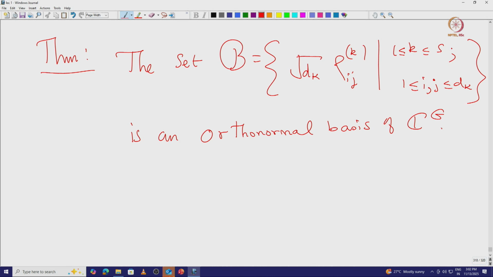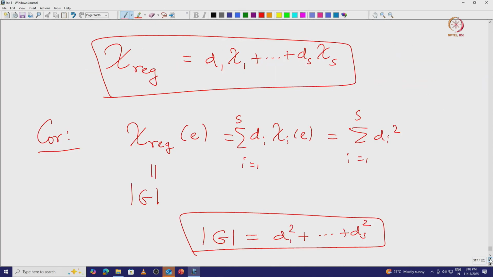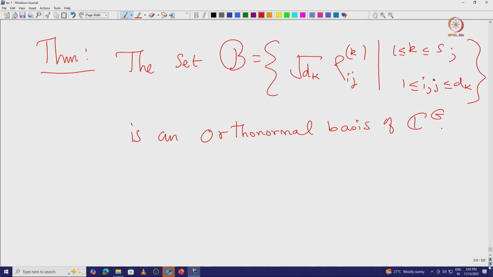We already know that this is indeed an orthonormal subset of CG. Now we need to prove that the span of this is the entire CG, but since the cardinality of B matches with the dimension of CG using the earlier corollary, we get immediately that this is indeed a basis.